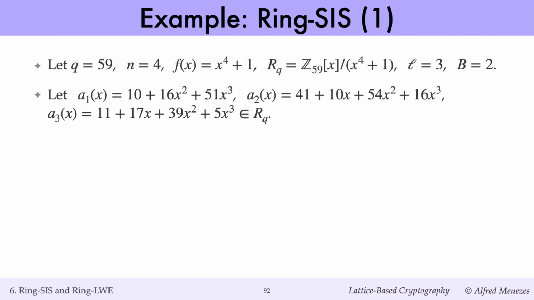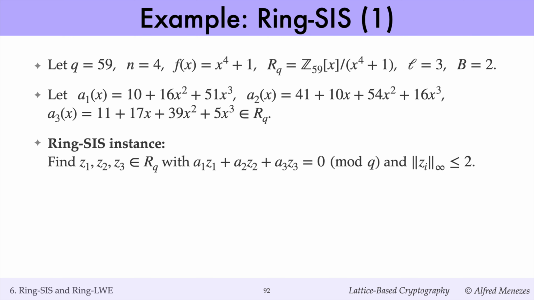The three randomly selected polynomials are A1, A2, and A3. So the Ring-SIS problem asks us to find small polynomials Z1, Z2, and Z3, such that A1Z1 plus A2Z2 plus A3Z3 is 0 modulo 59. Here, small means that the coefficients are between -2 and 2.